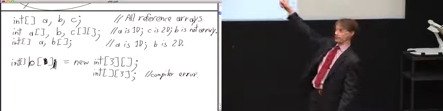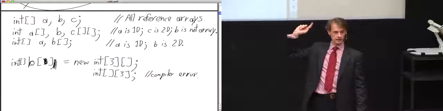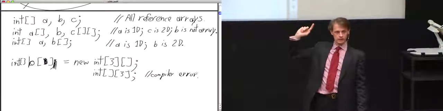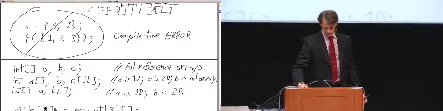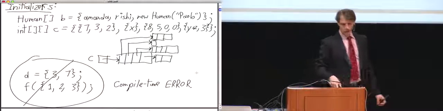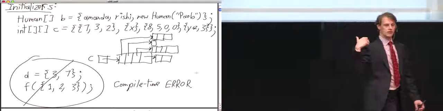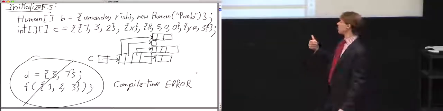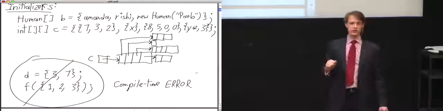Can you do initializers up here? Is that what you're asking? Oh, you're talking about how to get around these compiler errors? So as long as you're declaring something new, then you can do that.